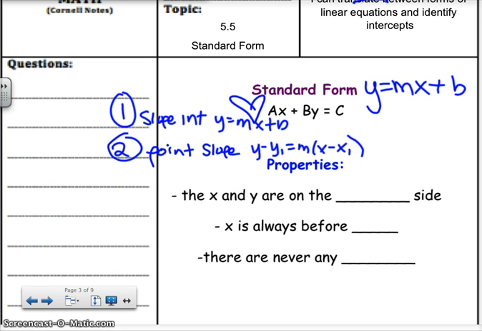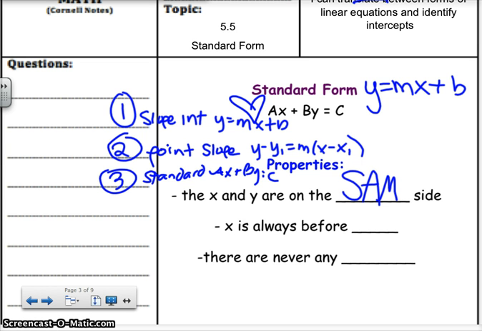And now we're learning this third one, standard. And standard is another method where we have Ax plus By equals C. Here are some properties of standard. The x and y are on the same side. They must be on the same side for standard.